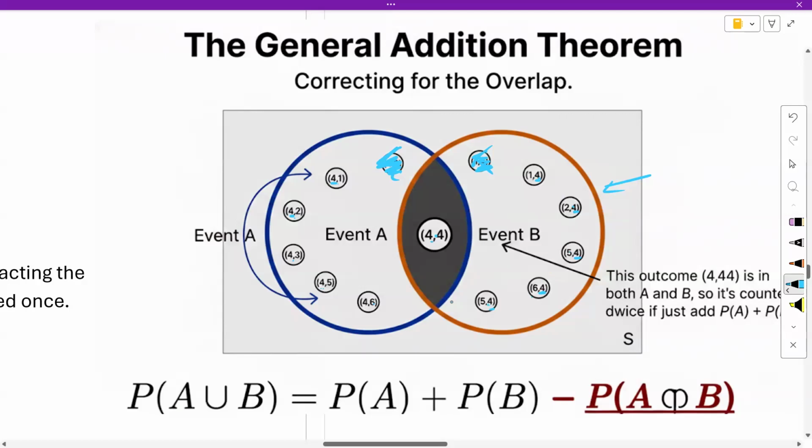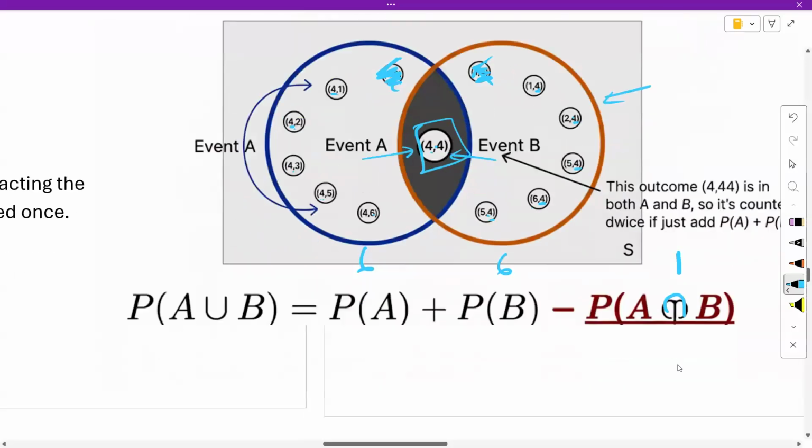When we draw this in the diagram, 4 comma 4 is common to event A and event B. So event A has 6, event B has 6, and the common area, probability of A intersection B, is 1. Now see, 6 plus 6 is 12, minus 1 is 11 out of 36.